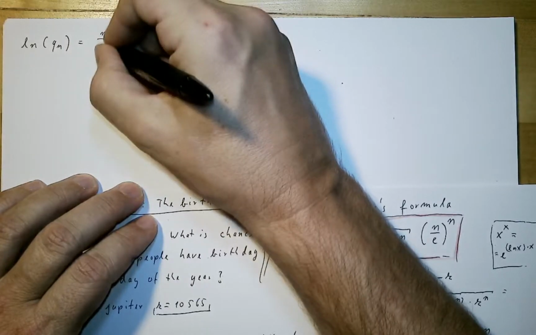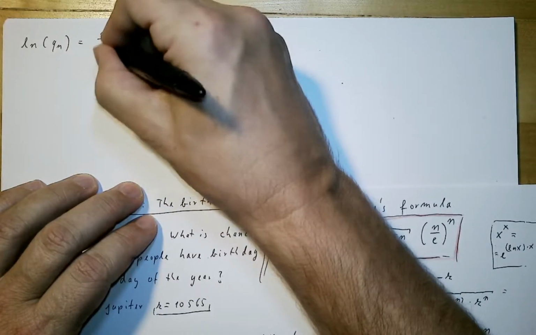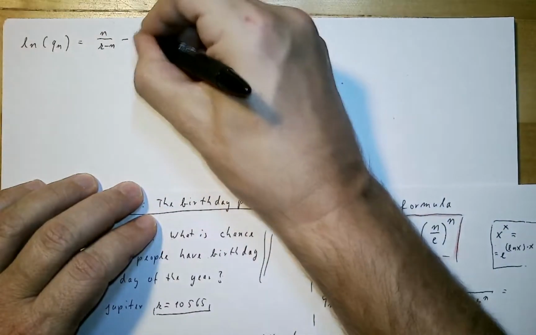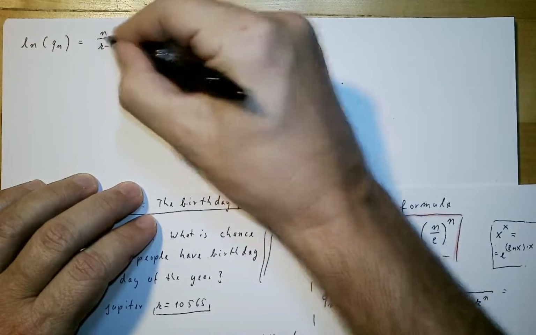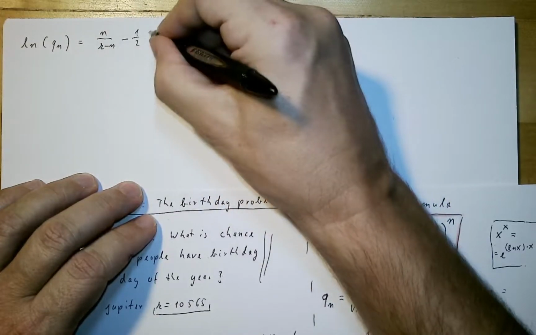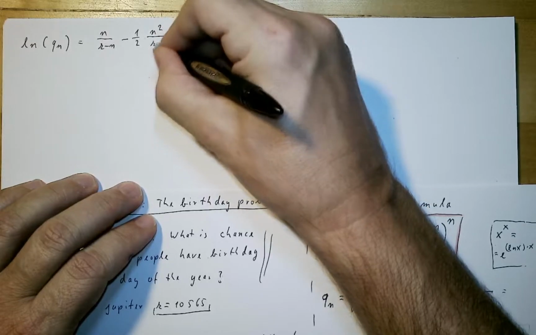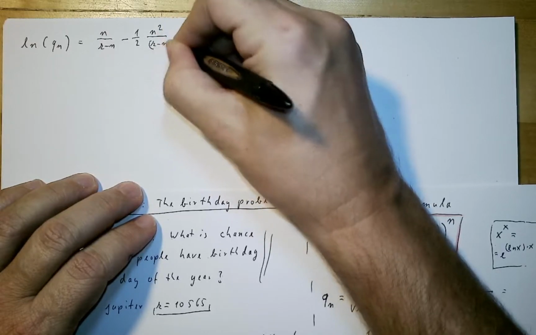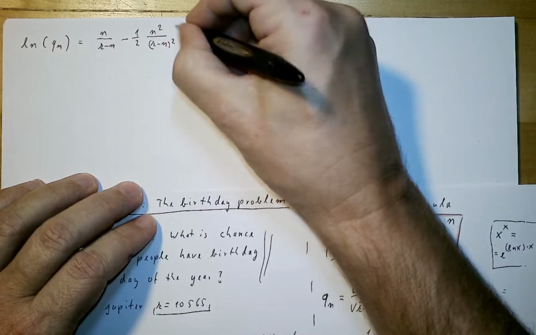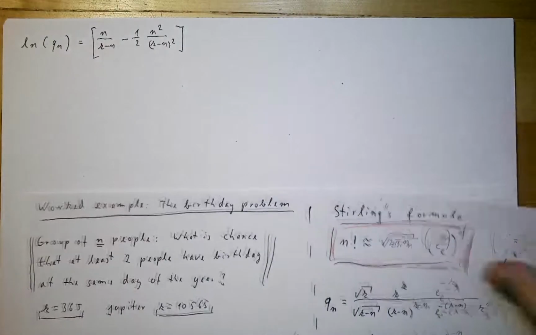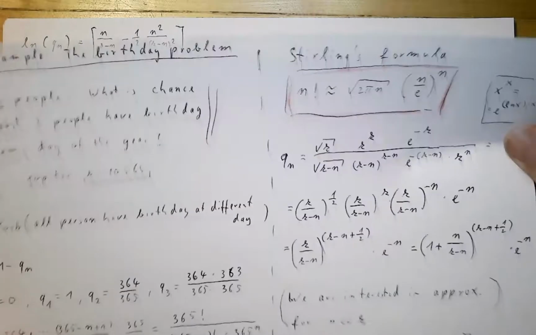the first term, that's just the x, n over k minus n, and then minus 1 over 2, and then this factor squared, n squared over k minus n squared. And this was, can you still see it?